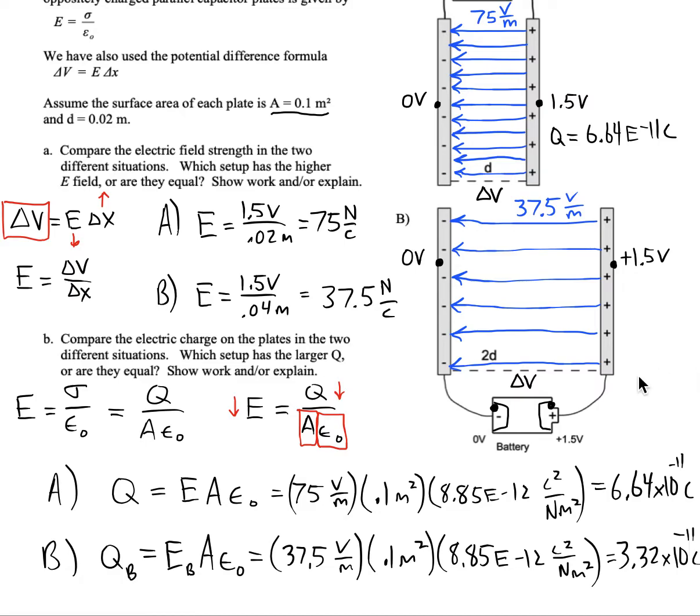So half as much charge. Now, one of the ways we can indicate that there's more charge on setup A is we can just have more pluses. That's one way to let a viewer know that this object is more charged.